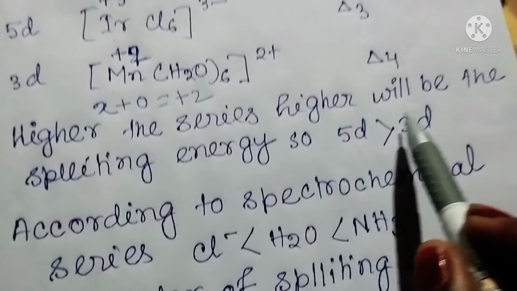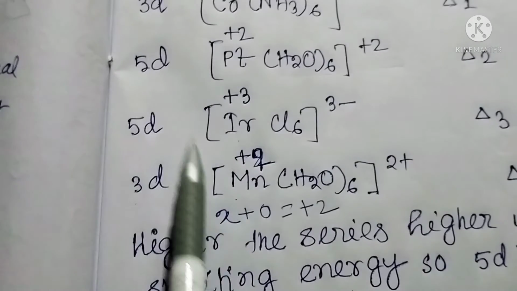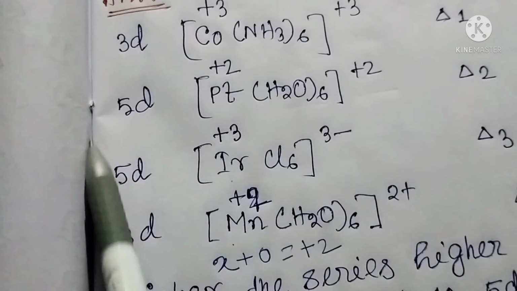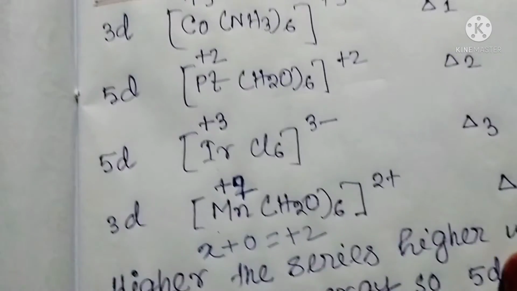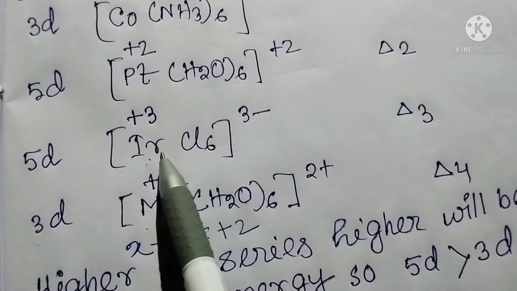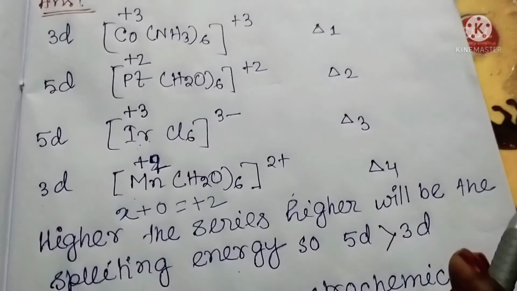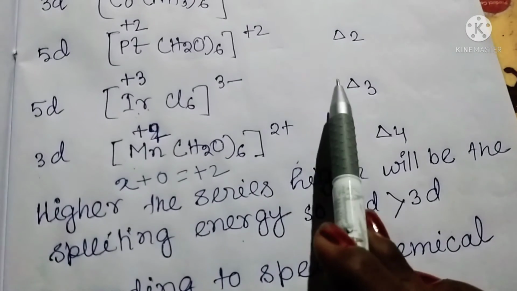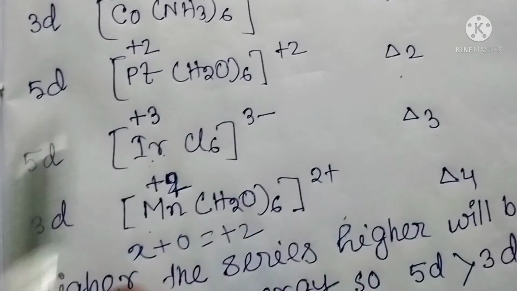Higher the series, higher will be the splitting energy. That means the splitting energy of the 5d will be greater than the 3d. Now between these two, the oxidation state of iridium is greater than platinum, so delta 3 greater than delta 2.